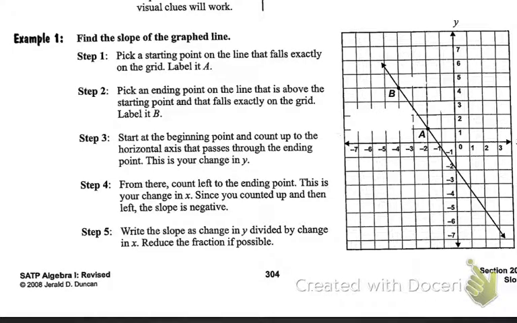Example 1. Find the slope of the graphed line. Step 1. Pick a starting point on the line that falls exactly on the grid. Label it point A. Step 2. Pick an end point on the line that is above the starting point and that falls exactly on the grid. Label it point B. Now we're going to use rise over run, the change in y over the change in x.